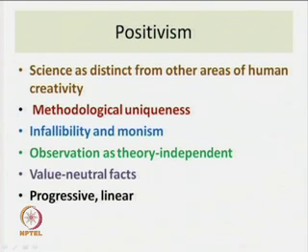Now, as a movement, Positivism looks at science as distinct from other areas of human creativity. Science under Positivism is something that is sacrosanct, right? The activities of scientists are sacrosanct activities. After all, why? Because they are supposed to give us, quote unquote, the truth, right?